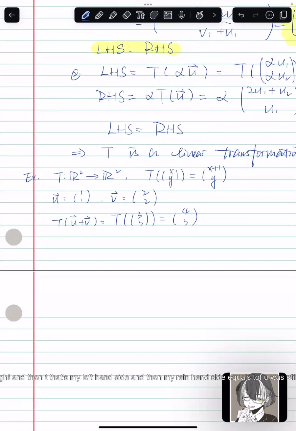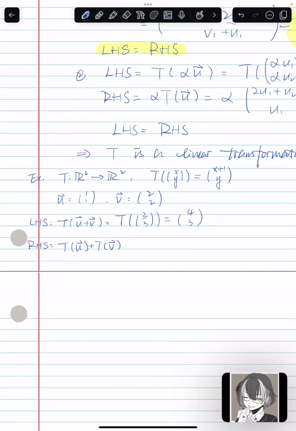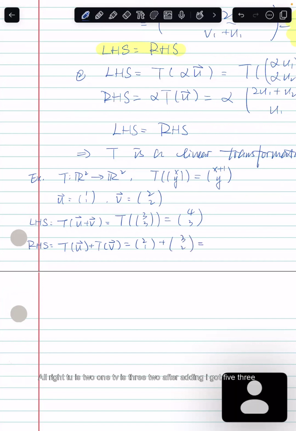That's my left-hand side. And then my right-hand side equals T of u plus T of v. T of u is (2, 1). T of v is (3, 2). After adding, I got (5, 3).